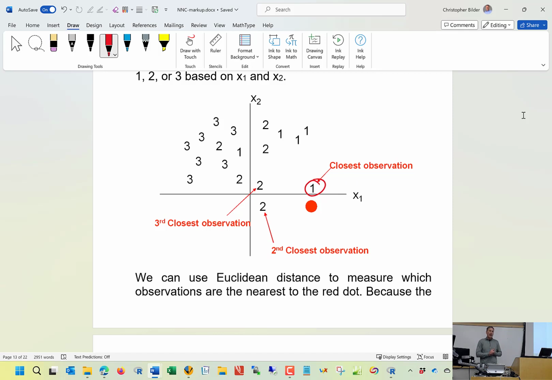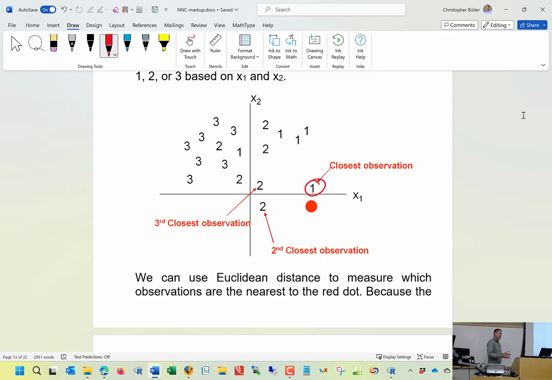If instead we had k equal 3 nearest neighbors, we would go with group 2, because 2 out of the 3 are from group 2, 1 out of 3 is from group 1, and 0 out of 3 is from group 3. And so that's simply how it works. Now, what I just described to you is the process that the function knn.cv actually uses to make a prediction for the corresponding group, corresponding population.